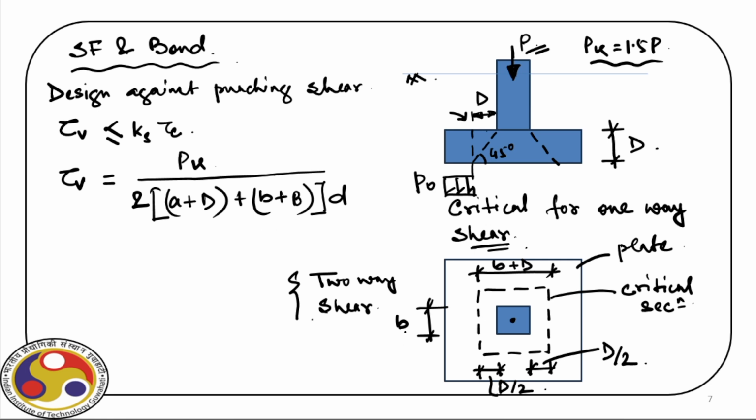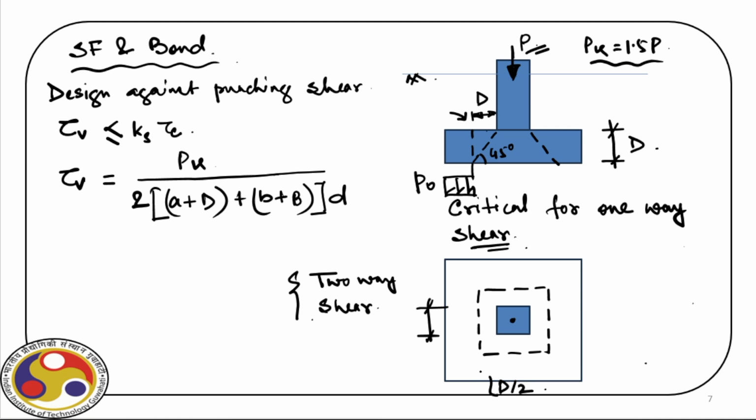For that, let us just mark it in a different way. So we earlier considered a square pad. So this expression is general for a rectangular pad, where square is a special case.